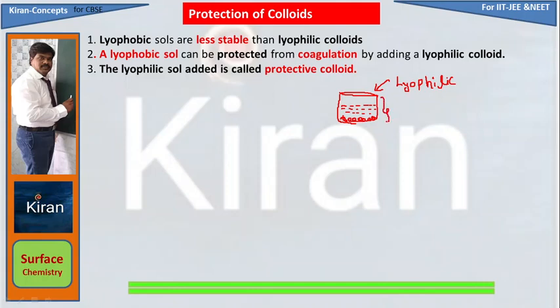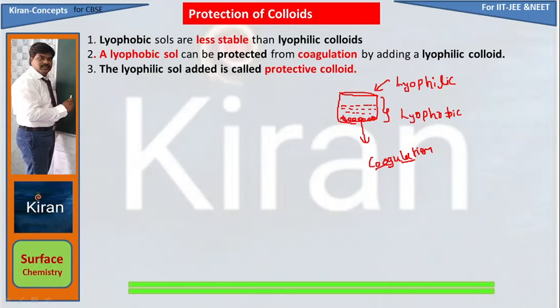This solution is lyophobic, so it is less stable because all colloidal particles are settling down. This settling down is what we call coagulation in chemistry. To prevent this coagulation, what do we have to add? A small quantity of lyophilic colloidal particles.